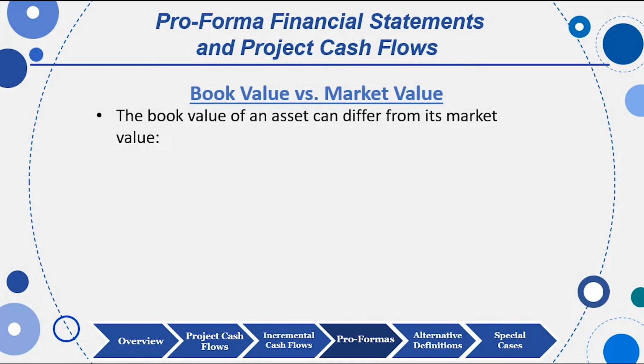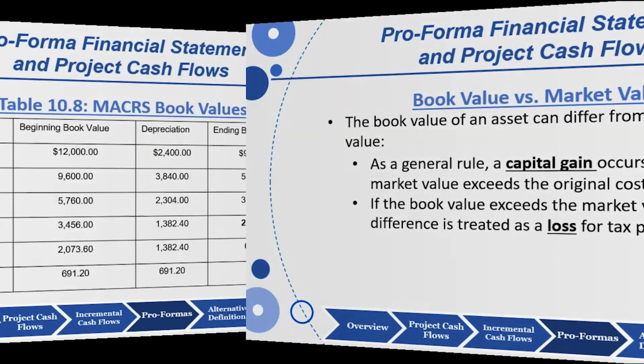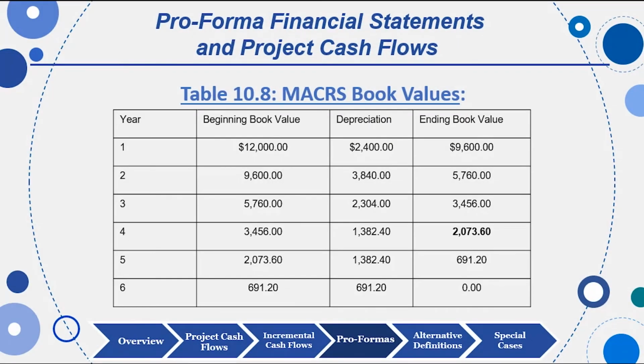Book versus market. The book value of the asset can differ from market value. In general, a capital gain occurs if your asset's market value exceeds the original cost, and if the book value exceeds the market value, which happens sometimes, then the difference is a loss, and the IRS actually gives a tax credit. Here's a sample problem you may encounter in MACRS.